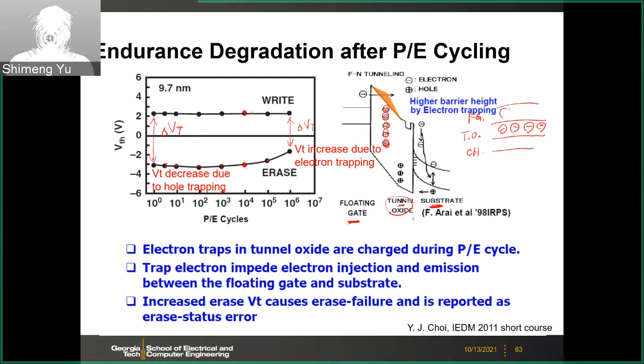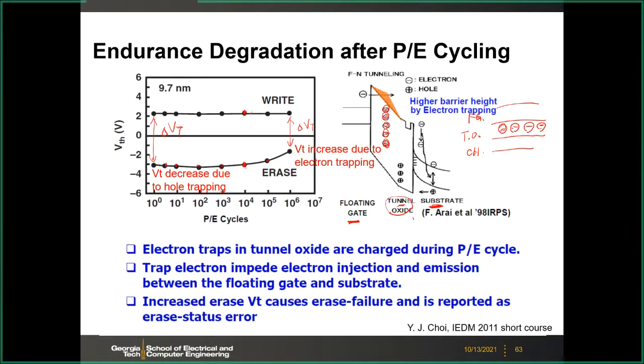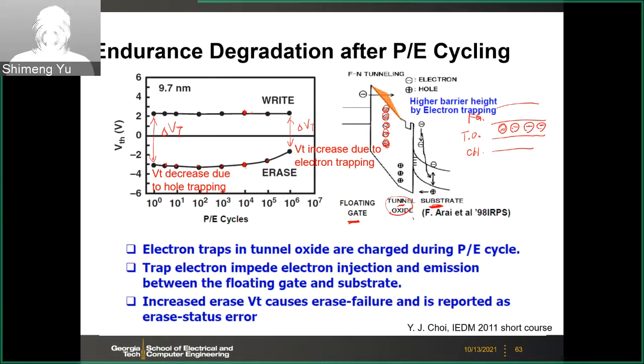Ideally for the erase, you want all the electrons removed from the floating gate. But somehow, some of the electrons get trapped into the tunnel oxide. It's similar to your erase not being complete, right? You still have something in the gate stack.